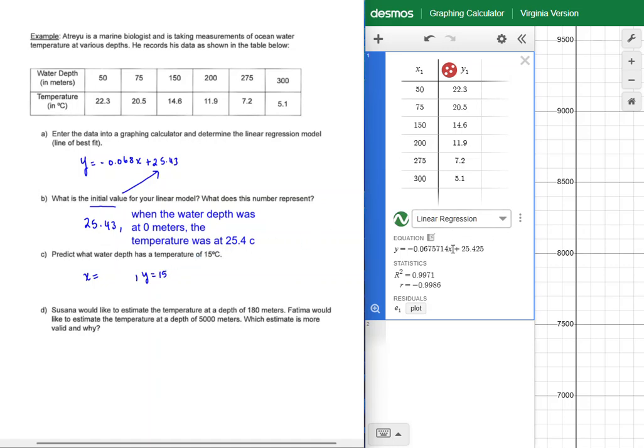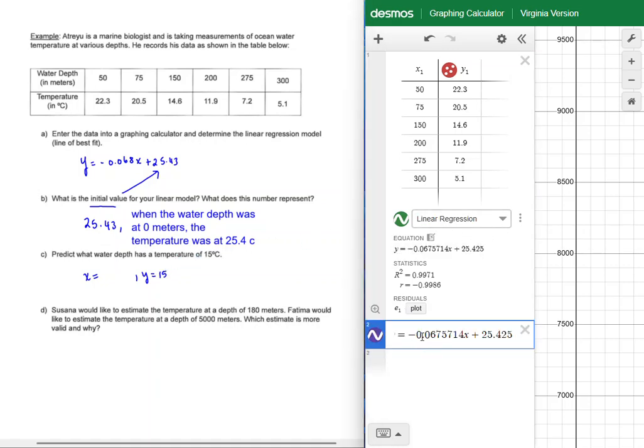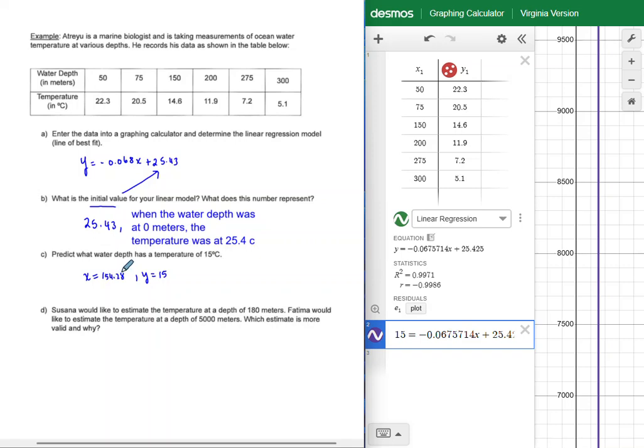That's important, because when we're using the equation, I have to know what to plug in for. So I plug in the y to be 15, which means that my x value is 154.28. Okay, so that's my water depth.